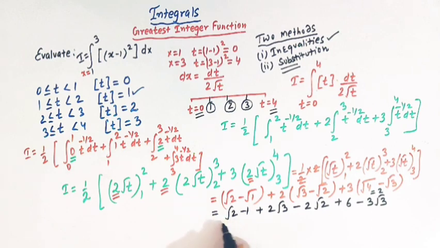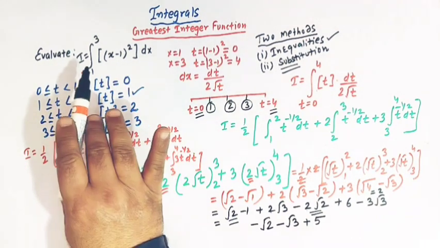So here, adding and subtracting the like terms, this is root 2, this is minus 2 root 2, so we have minus root 2. Here we have 2 root 3 and minus 3 root 3, so this is minus root 3. And here we have 6 minus 1, which is equal to plus 5.